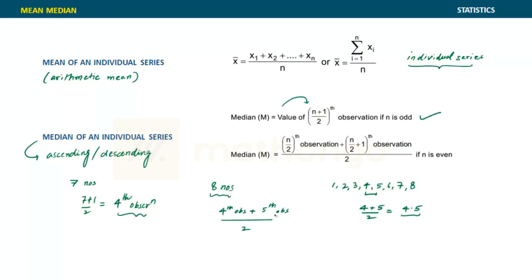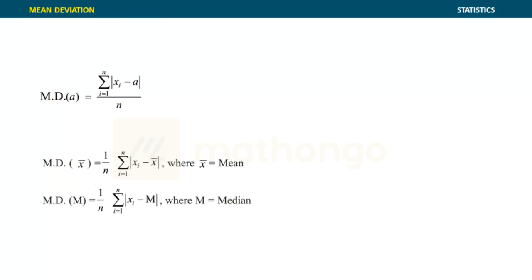Okay, now quickly talking about the mean deviation. The measures that we have talked about are, for example, the mean and the median. Before going further, let's also talk about mode. Mode is that particular number which is getting repeated the maximum number of times.